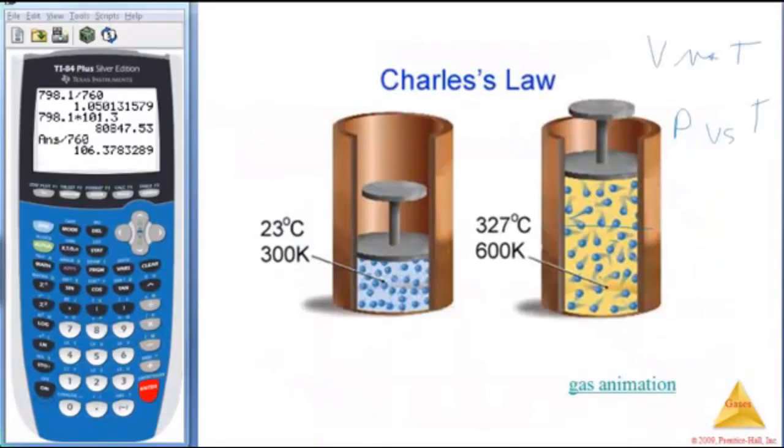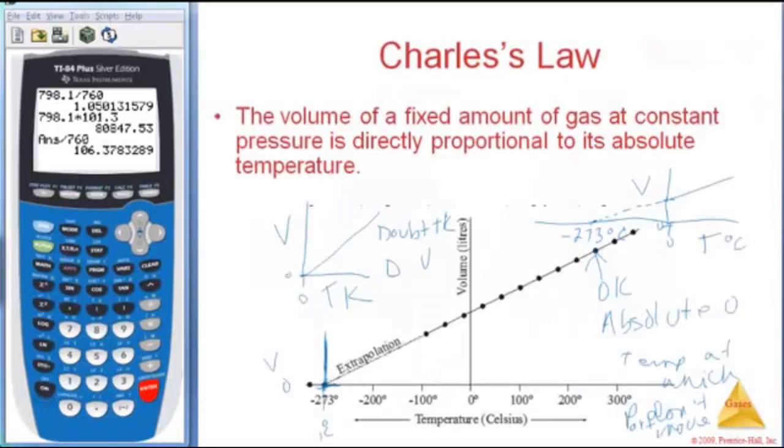You can see back on this diagram, here we are doubling, going from 300 K to 600 K. Here, it is directly proportional, so if I double my temperature, I also double my volume, and that's what you see happening here. But the temperature went from 23 C to 327. I've got to get it in Kelvin to see whether or not I can make that assumption about doubling or tripling along with the temperature.